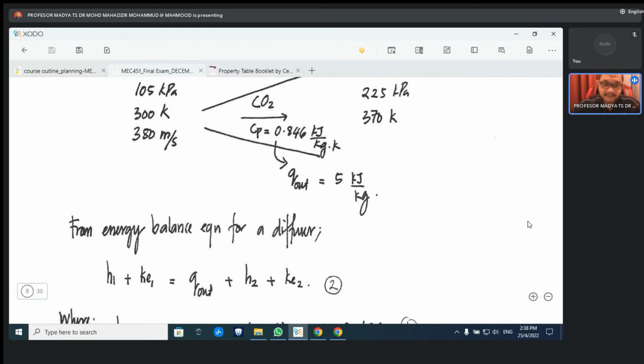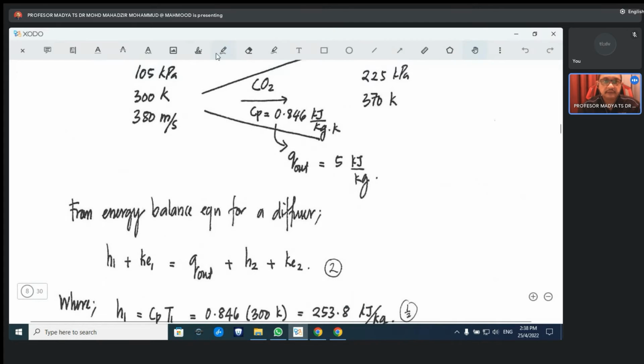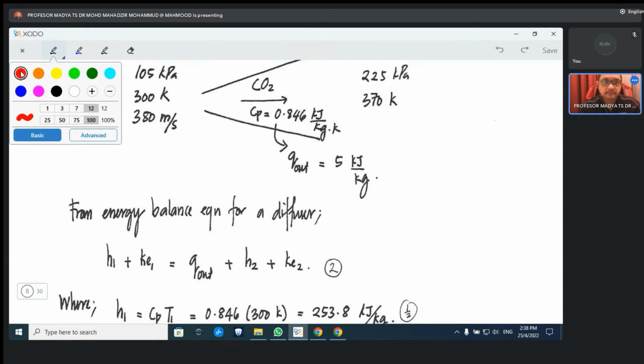Okay, where does this energy balance equation come from? I will show you.